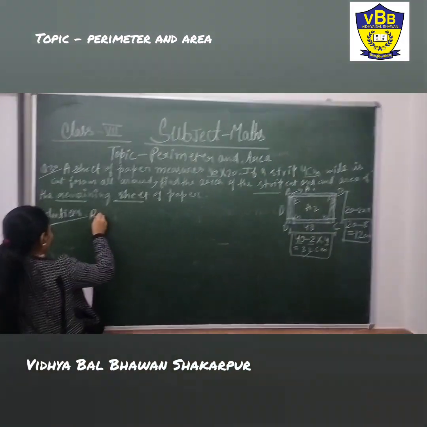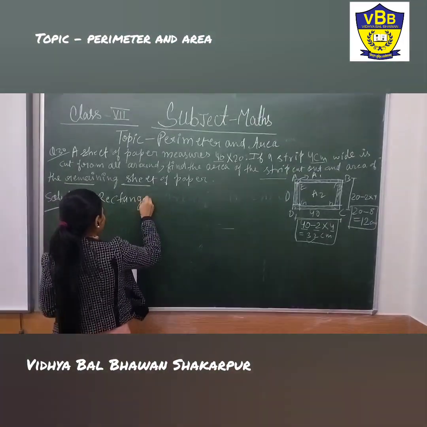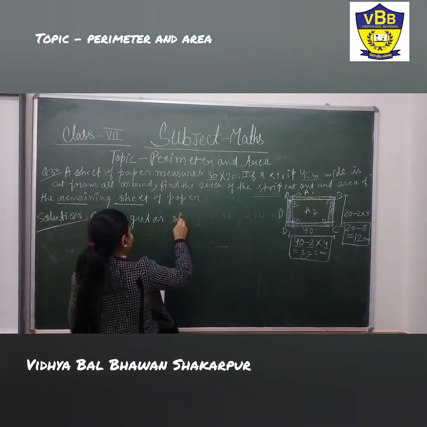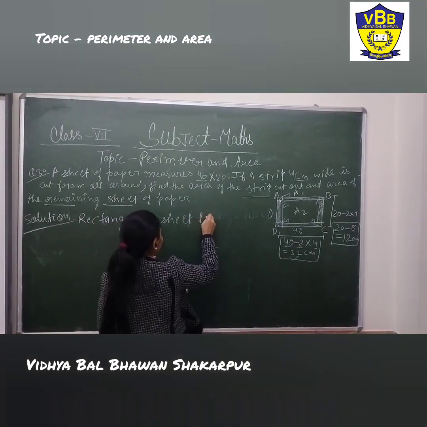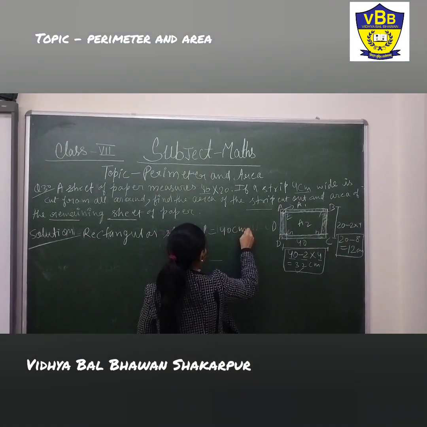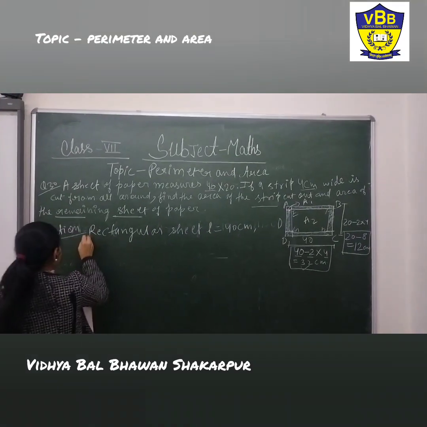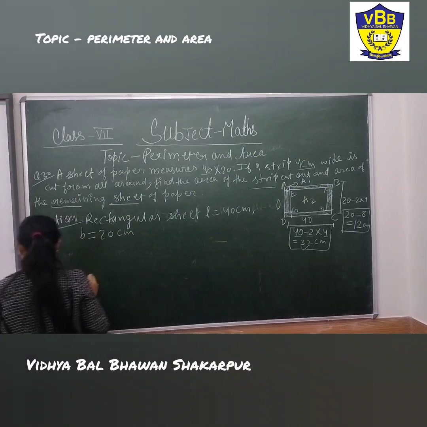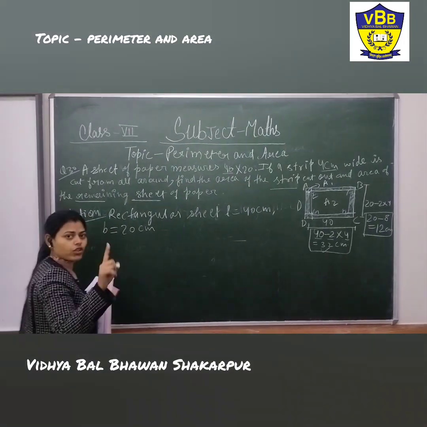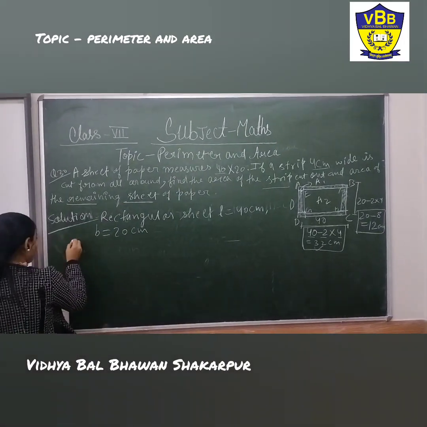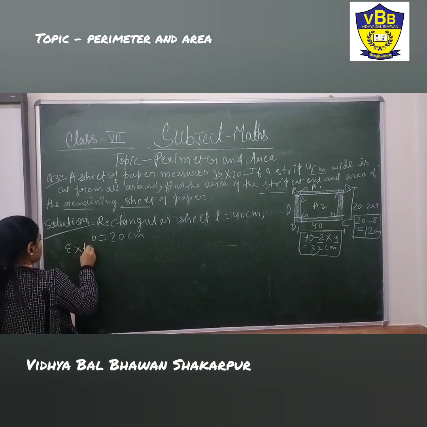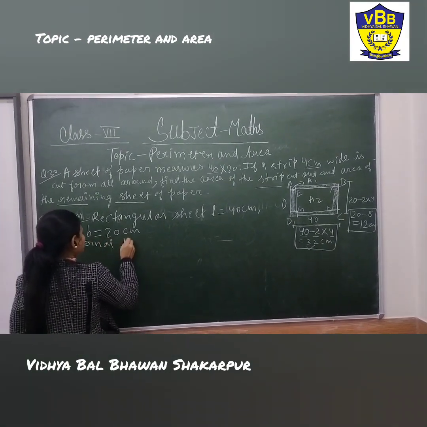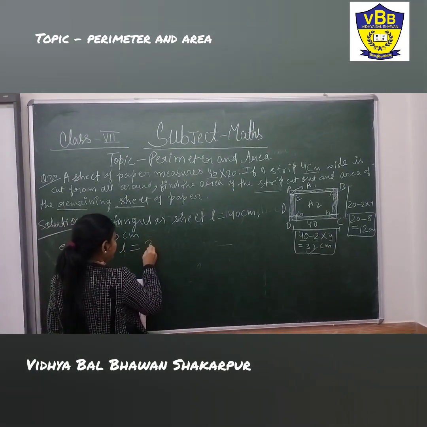Rectangular sheet: length L is equal to 40 centimeter, and the breadth B is equal to 20 centimeter. These are the dimensions of the sheet that are given. Now the internal length is equal to 32.